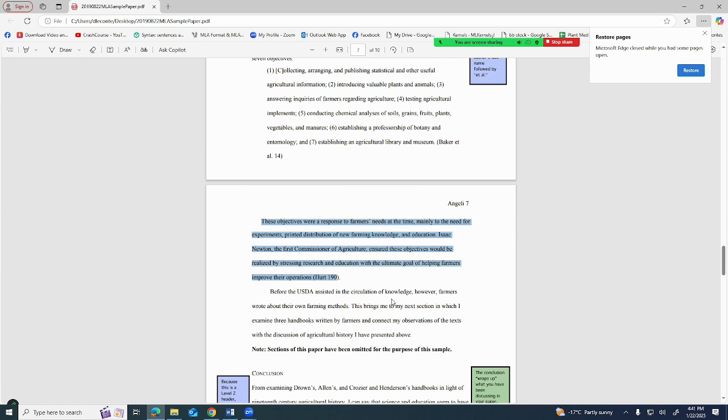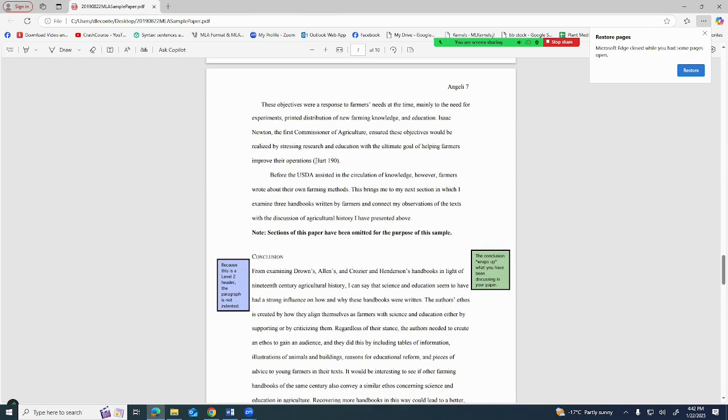These objects were a response to farmers' needs at the time, mainly to help for experiments, printed distribution of new farming knowledge and education. Isaac Newton, the first Commissioner of Agriculture, ensured these objectives would be realized by stressing research and education with the ultimate goal of helping farmers improve their operations. And it says Hurt 190. So that is the author, once again, and the actual page number.